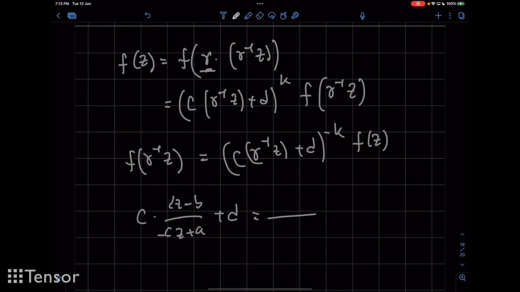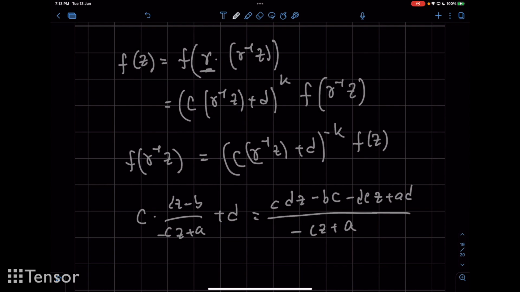And that is equal to minus CZ plus A, and minus CZ plus A and CDZ minus BC minus DCZ plus AD.